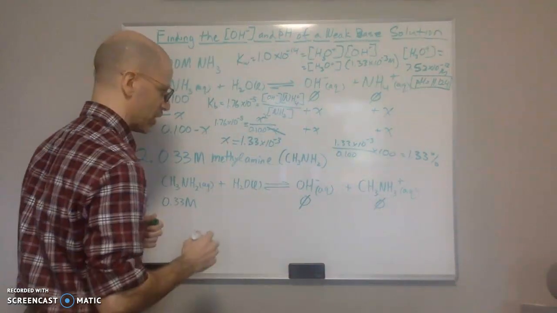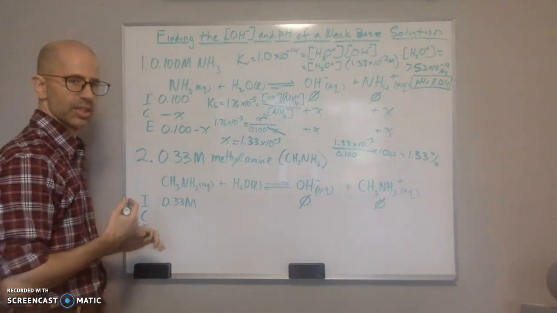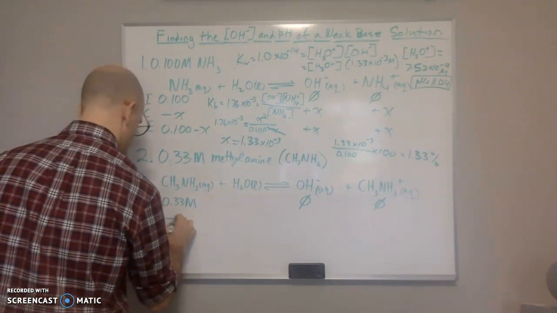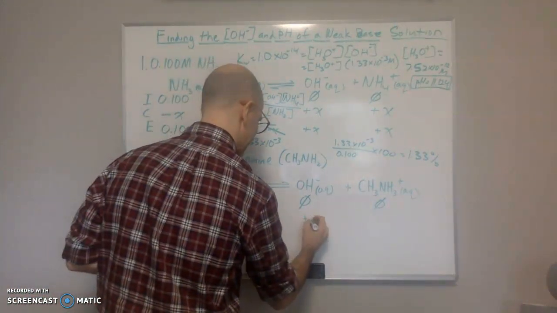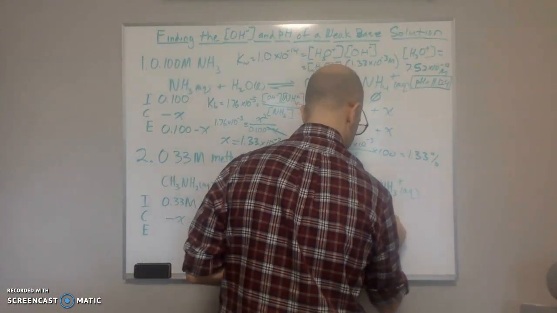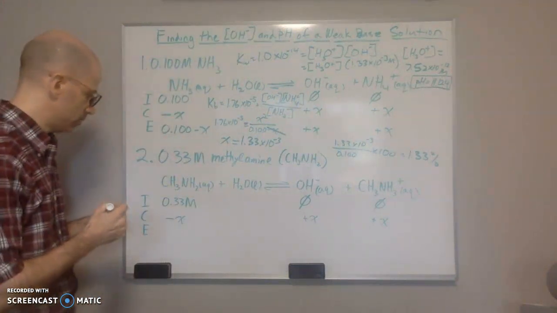So we're at 0 initially. We're going to go this way according to Le Chatelier's principle. So that means we're going to lose a certain amount of our base, and we're going to gain the same amount in our hydroxide as well as the conjugate acid of the base.